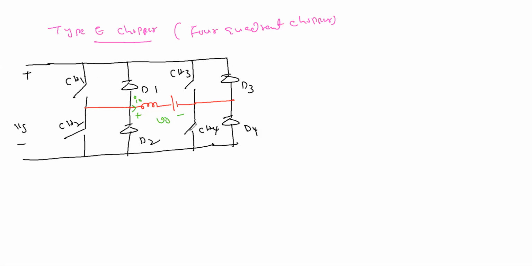That's all. All 4 quadrants, whatever we have discussed, type A, B, C, D, will be there in this one. So its operation is V naught, I naught. All quadrants get operated. Whatever the one you need to operate, all 4 will be operated.